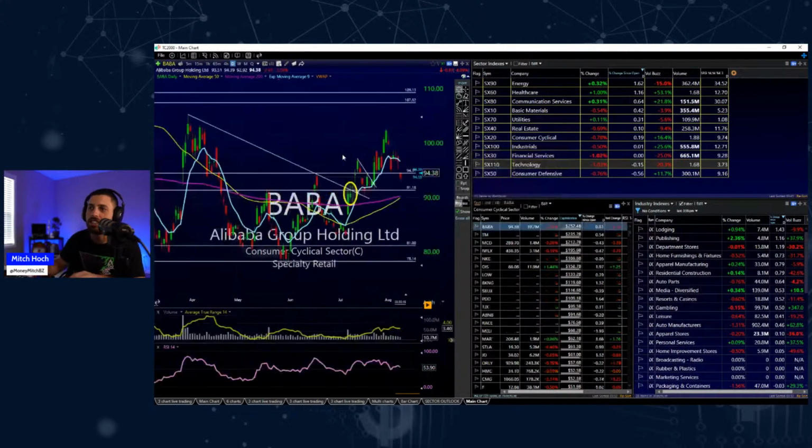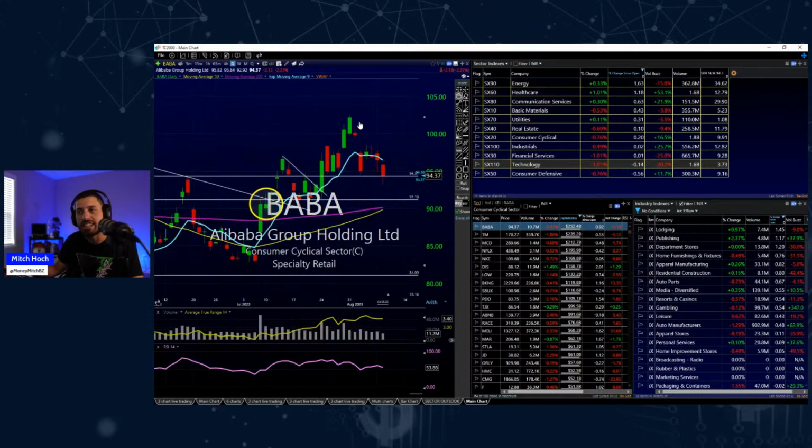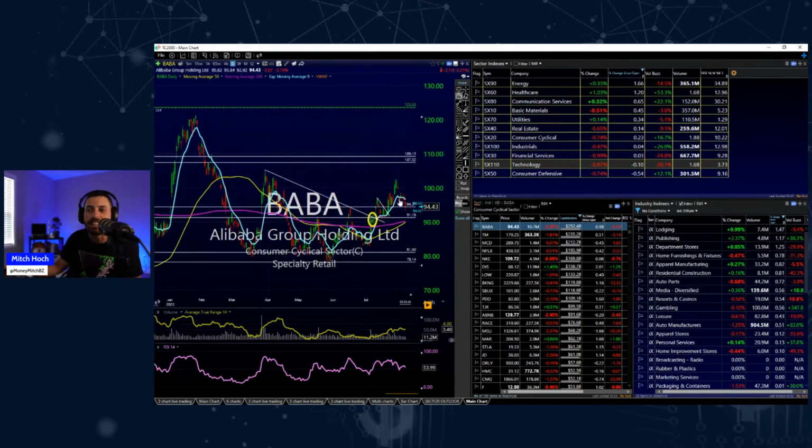Baba predictions. All right. Well, let me take a look here. Of course, one of the things I've mentioned is that China hasn't really given the true fiscal policy lift. Yes, they did some mentions, and that got them the lift there towards 100. So I could see this stock maybe having a decent report, maybe getting up there towards 95 and 96. But overall, I need some more actual fiscal policy support to turn around the China tech trade.